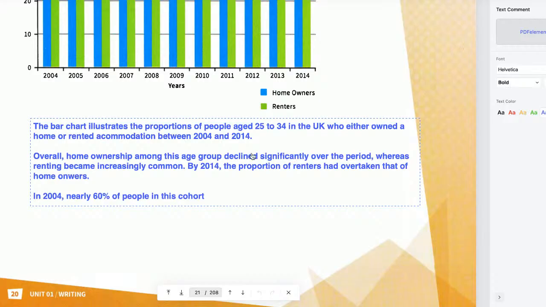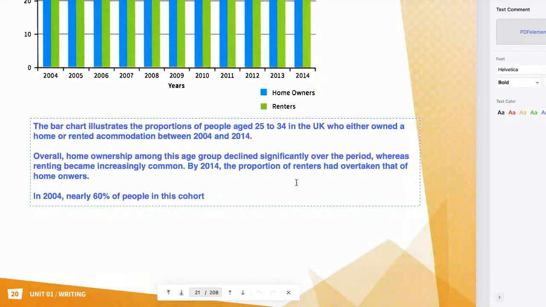So we can use that word, or you can say in this group. It's fine, because we mentioned that group before in the overview already. But here we try to use another word, in this cohort. I mean, in this group of people who share the same or similar age. Okay? So then, nearly 60% of people in this cohort.